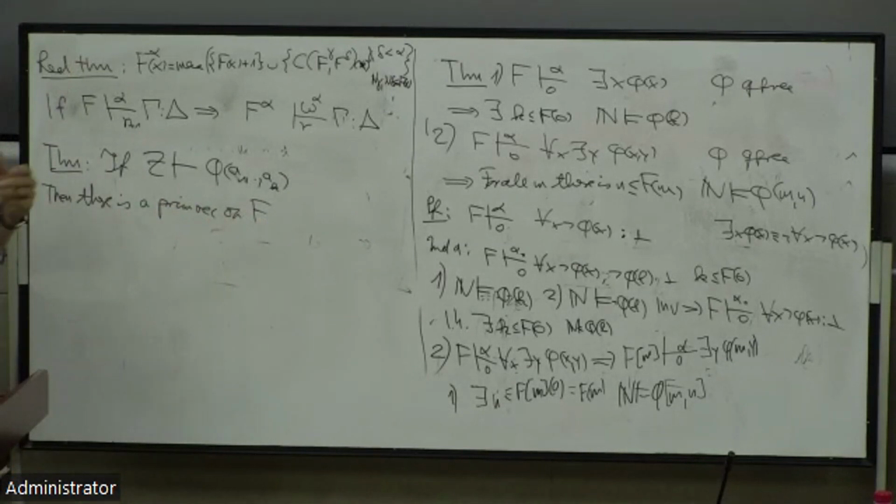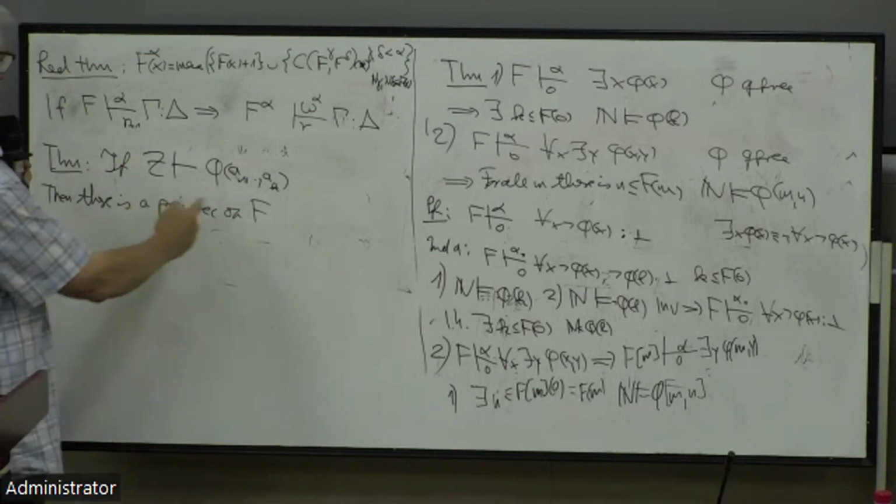Why do we have to start with a primitive recursive operator? Because we have function symbols for all primitive recursive functions, and to bound corresponding existential witnesses, we have to start already in the beginning with primitive recursive bounding functions. So there's a primitive recursive operator f.